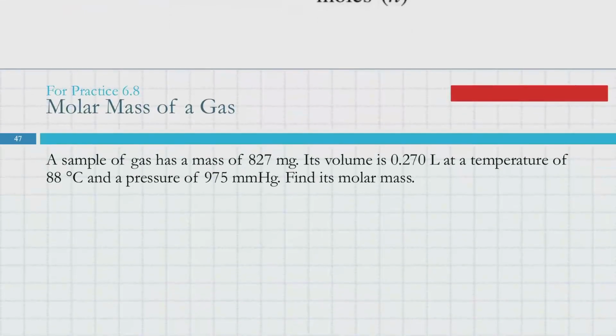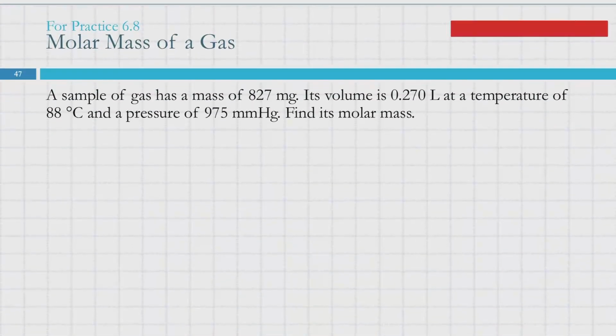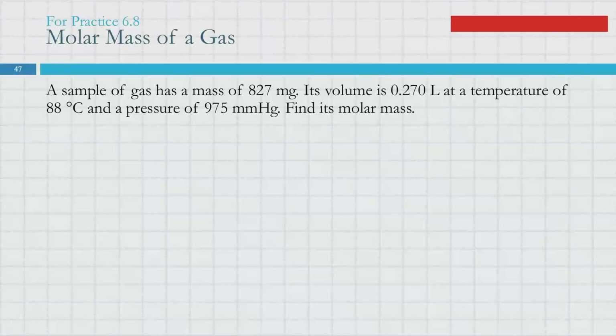Example of this, we've got a sample of a gas. It's got a mass. It's got a volume. It's got a temperature. It's got a pressure. We want to find the molar mass.